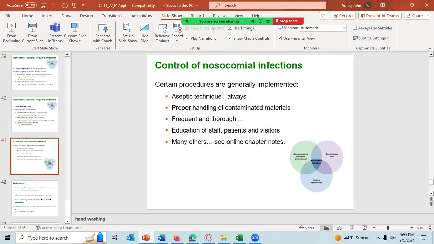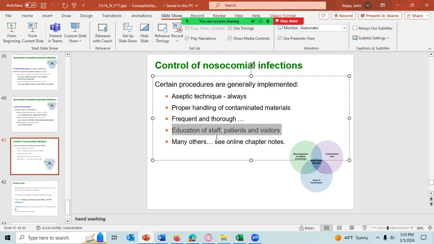You need to properly handle contaminated materials. You have to frequently and thoroughly wash your hands, like after each patient. If you aren't wearing gloves, or you don't dispose of the gloves, you should wash your hands before moving on to the next patient. There's education of the staff, the patients, and the visitors, and hospitals have gotten very good about that.